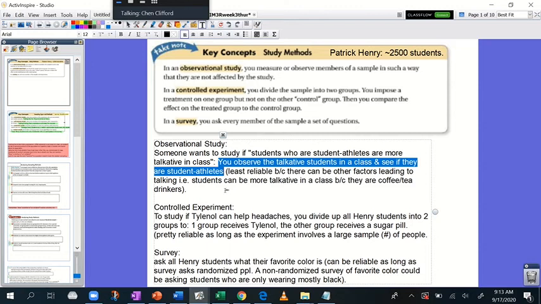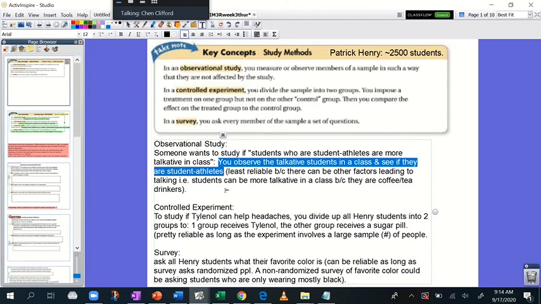Maybe 80 to 90% of those same students drink coffee in the morning. I know when I drink coffee in the morning, or any day, it's really hard for me to stop talking.